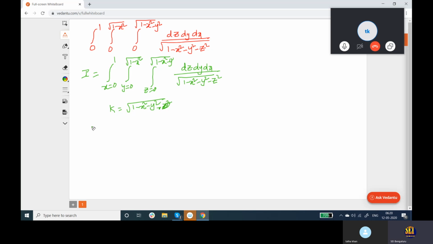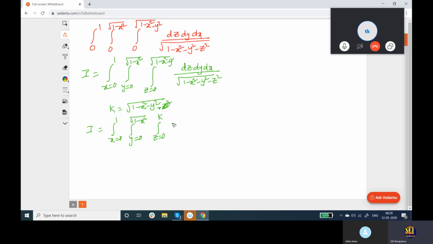Okay. Now how to write it? I is equal to integral x is equal to 0 to 1, integral y is equal to 0 to square root of 1 minus x square, integral z is equal to 0 to, here we can write square root of 1 minus x square minus y square, which we consider as k.